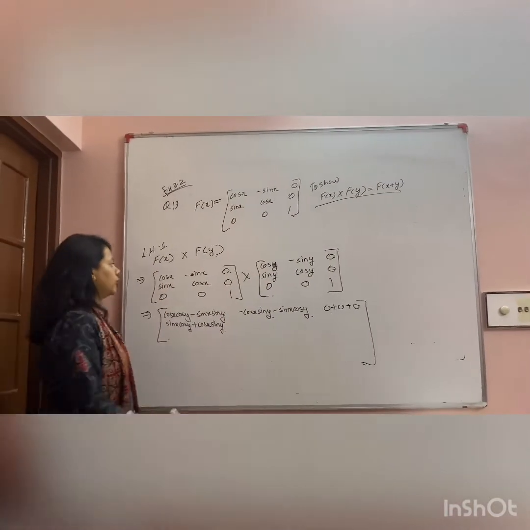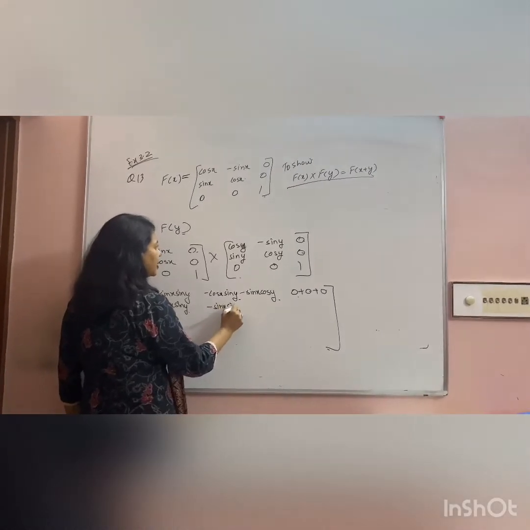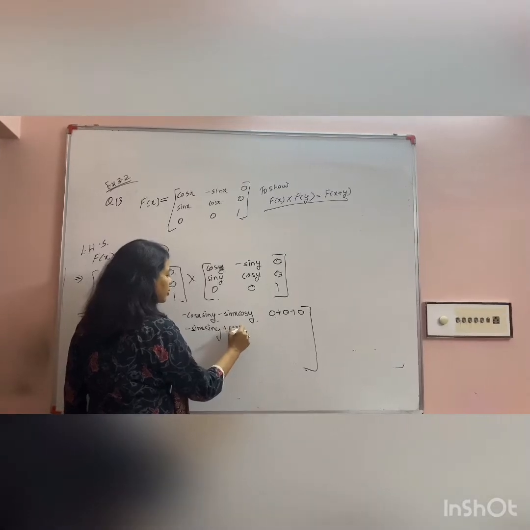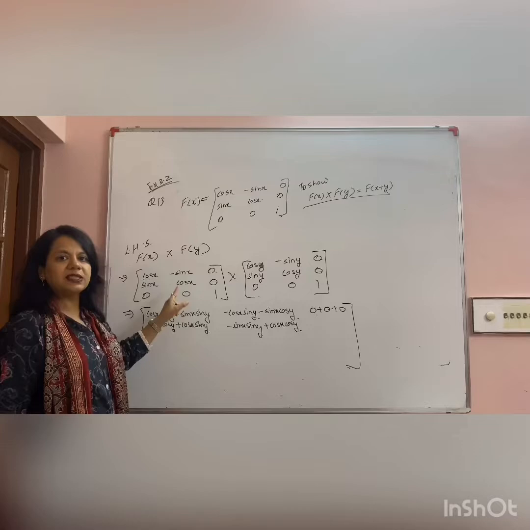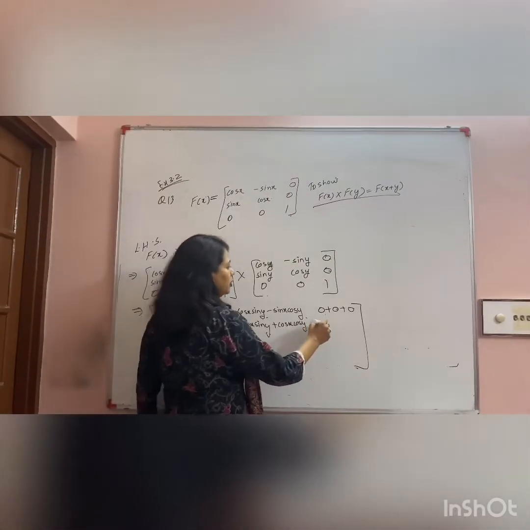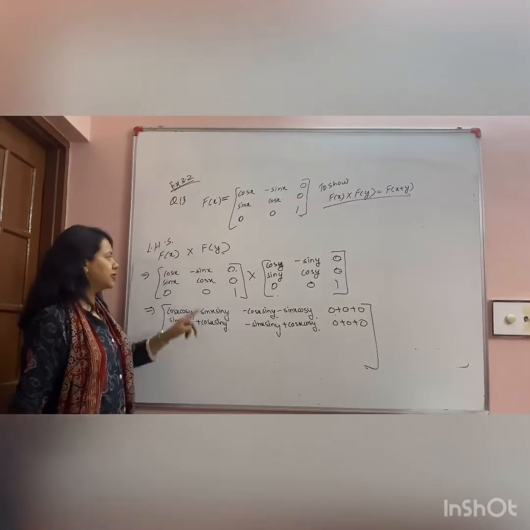Second row, second column. So that is minus sin x sin y plus cos x cos y, plus 0. Second row, third column. So sin x into 0 is again 0. So I got again 0.